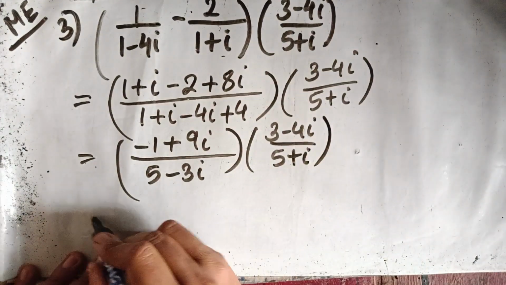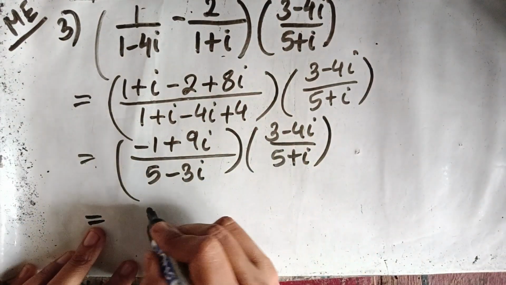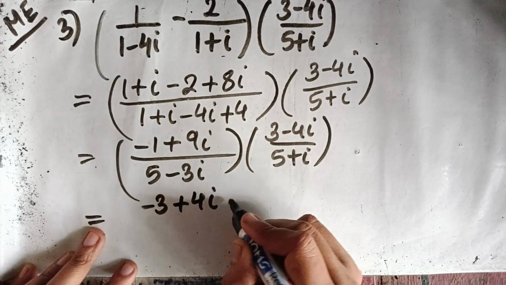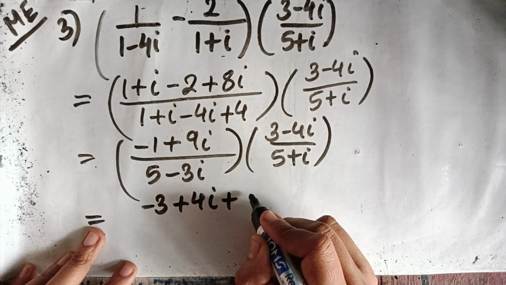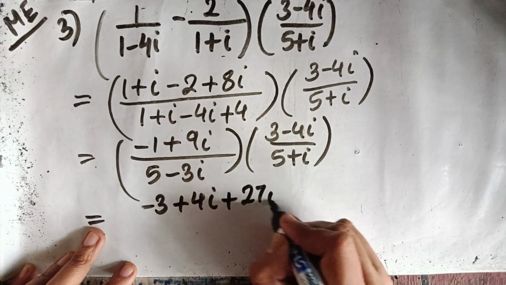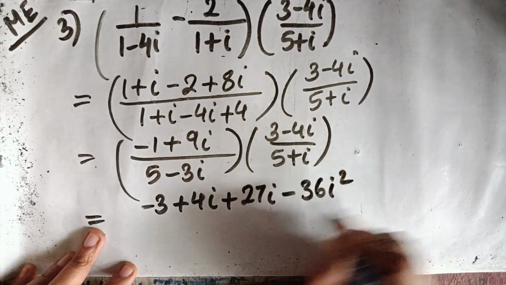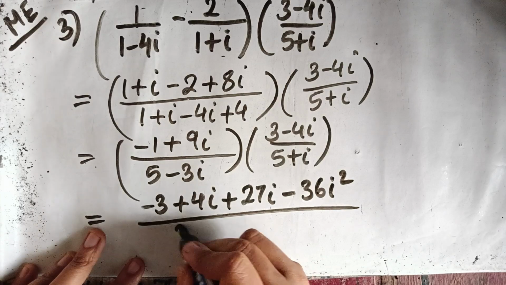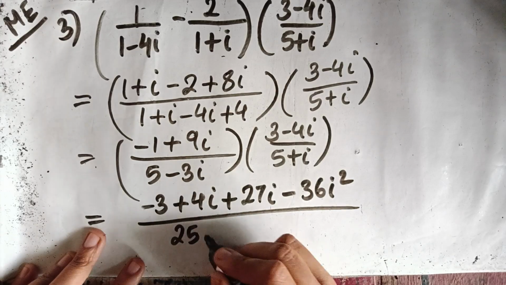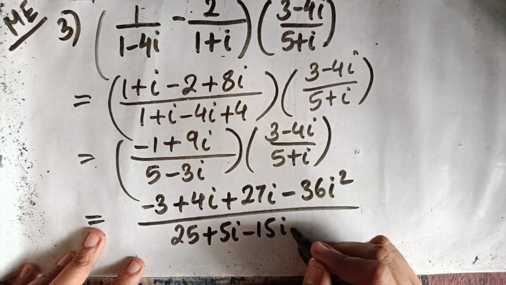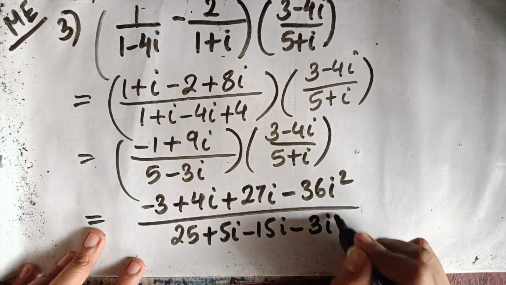Okay. So minus 1 into 3 is minus 3, plus 4i plus 27i minus 36i square upon 5 5s are 25 plus 5i minus 15i minus 3i square.